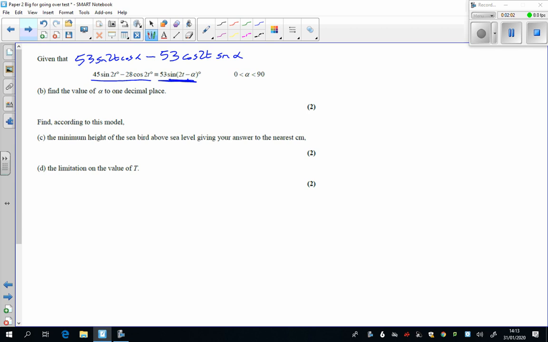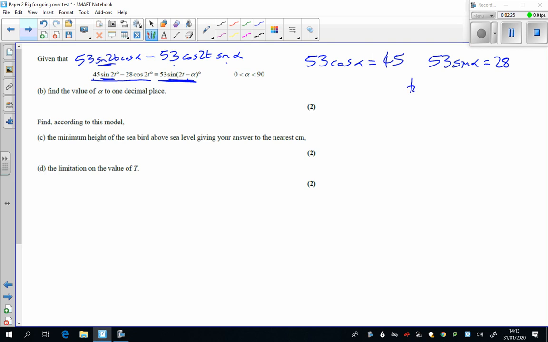And joining those things up, you see the sine 2t here and the sine 2t there. So I've got 53 cos alpha is equal to 45, and I've got 53 sine alpha is equal to 28.